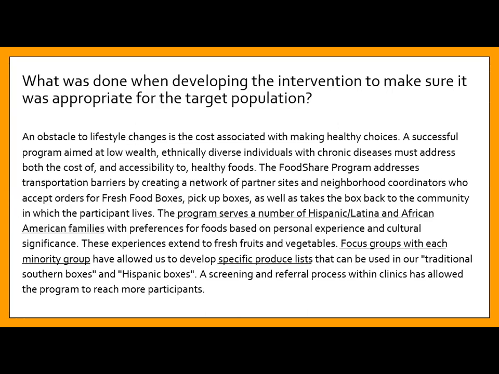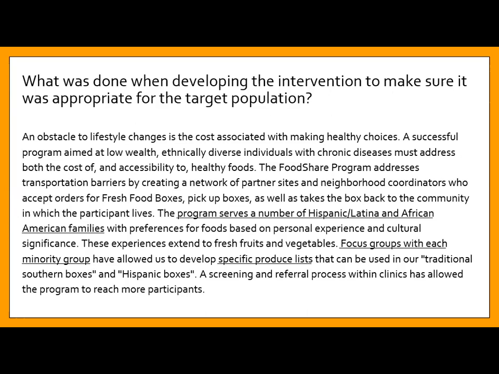We can next look at another question important to address in the reach section, which is to describe what was done when developing the intervention to make sure it was appropriate for the target population. And here again is Food Share's response to question 19, and we can see that the program supports Hispanic, Latina, and African American families.